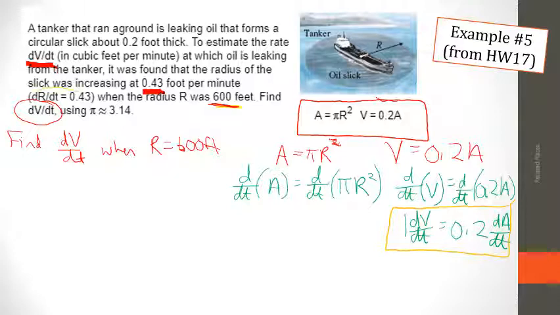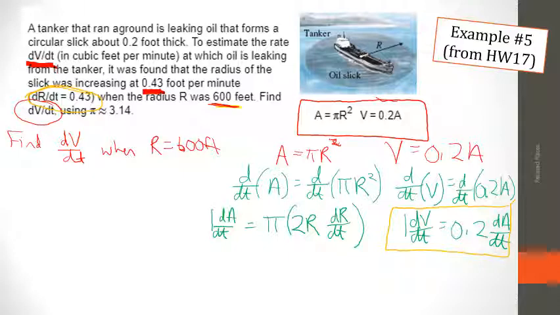They did give me over here dr/dt. So let's look back and see what we can do. So over here on the left side, we get 1 dA/dt, that's what I need, equals the derivative. Okay, so we have pi r squared. Pi is a constant. The derivative of r squared is 2r dr/dt.